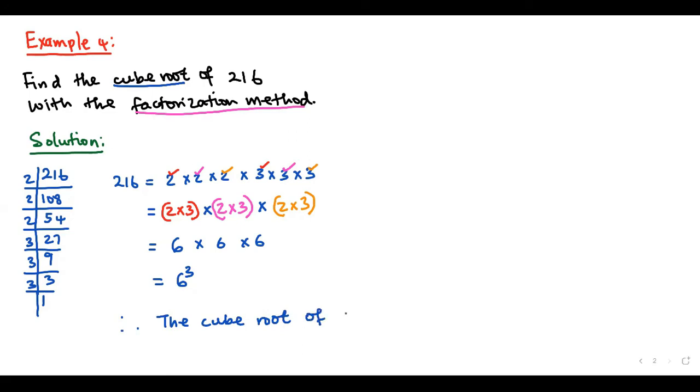So it means that, therefore, the cube root of 216 is equal to 6. Alternatively, you can write it like this, that the cube root of 216 is 6. It means that if I get 6 times 6 times 6, 3 times, I'll be getting 216.